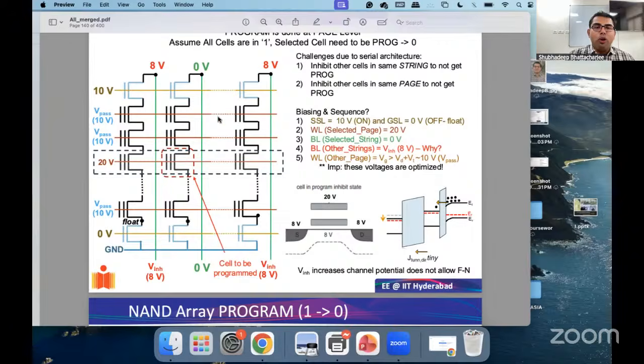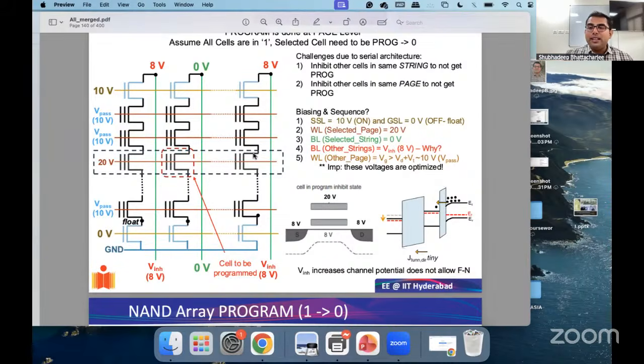So we have to be careful what we apply on the other cells such that the other cells do not get programmed. Also, you have to recognize that the cell which we want to program is also sharing the common word line with many other cells in the same page. But as we discussed, our intention is not to program, for example, this particular cell and this particular cell.